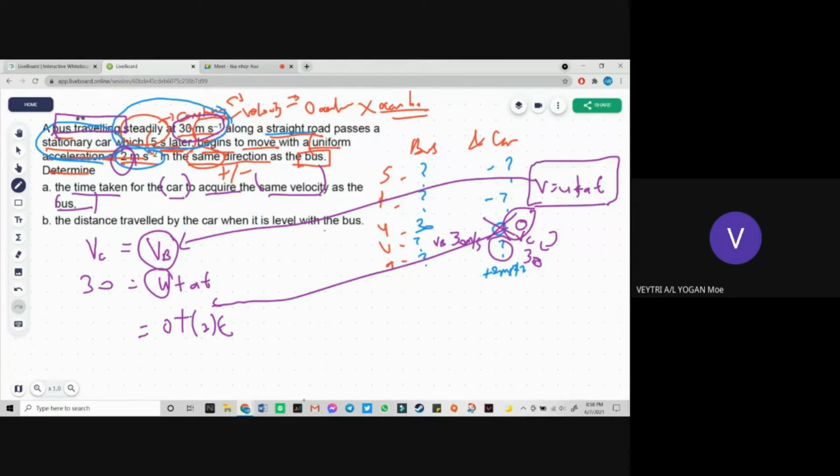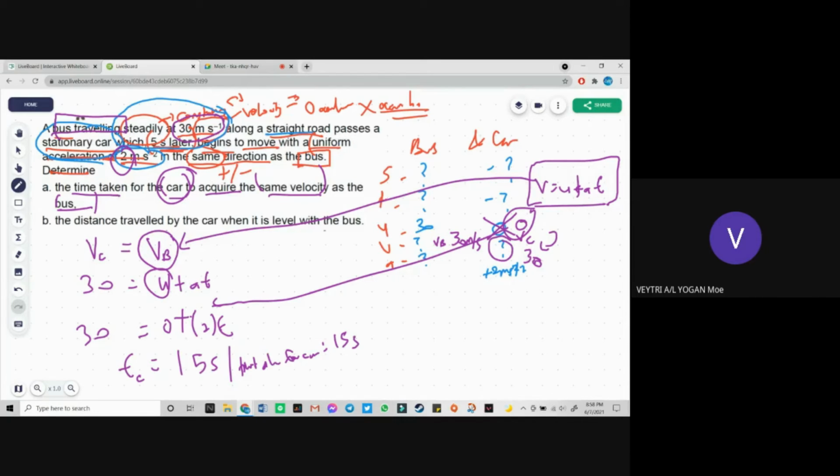T is the one you need to find. Okay? So, if you use your calculator, you calculate it. You'll get your T, 15 seconds. Tapi, please don't forget, time untuk car. So, you have to write TC. Or you can rewrite here, time taken for car is equals to 15 seconds. Alright guys?